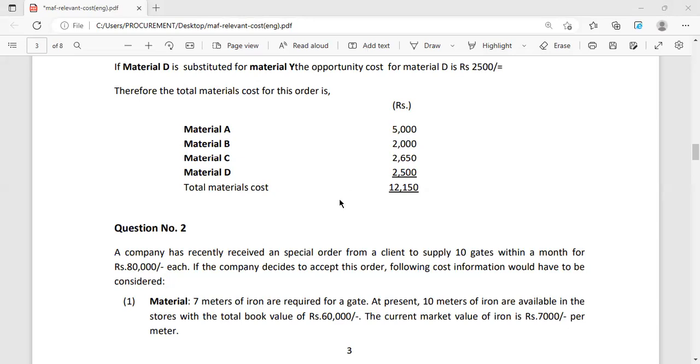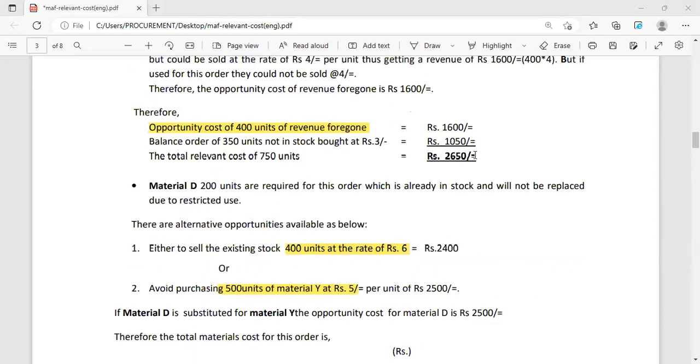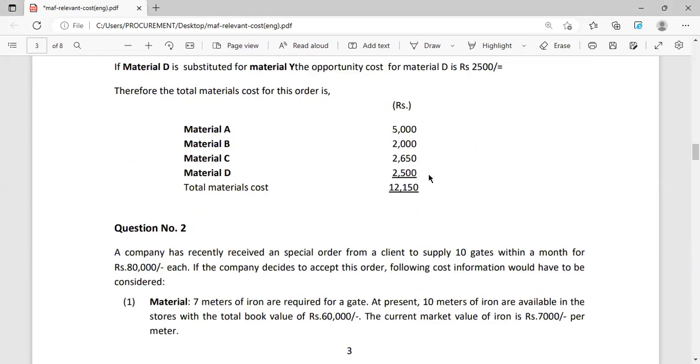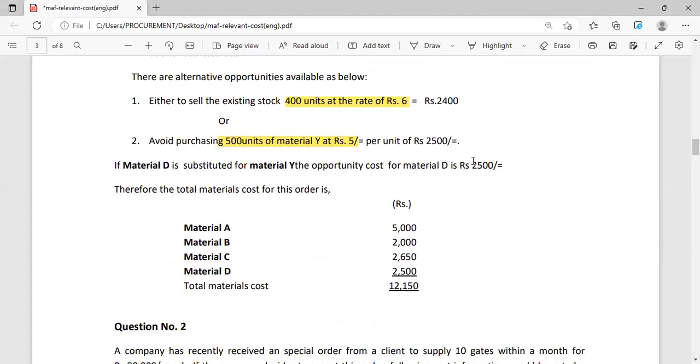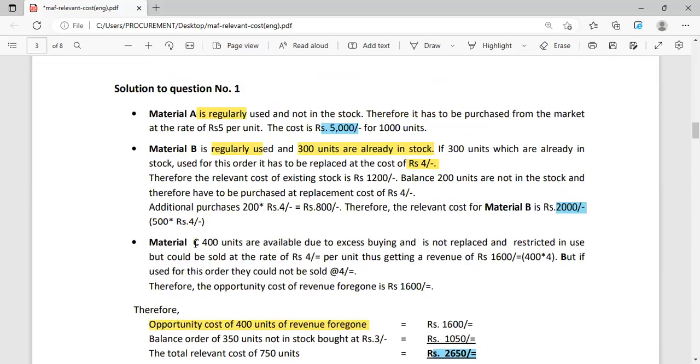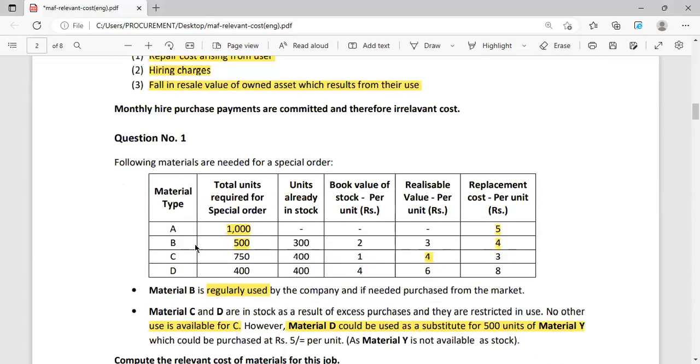So for material C, they have 2,650, and from our calculation, this is a relevant cost. Then for material D, we have 2,500, which is also here. Okay, so back to your question. You said material C, so let's analyze material C again. What material C is saying is that they have 750.